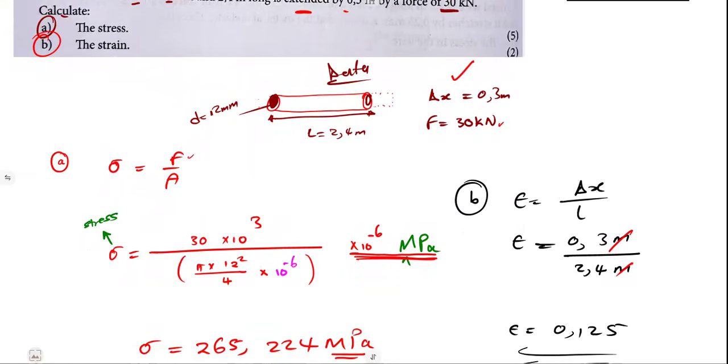And as we can see, the strain is unitless. As we cancel the unit, if meters cancel, we do not have units for this one. Same if it is millimeters over millimeters, those two cancel. So at the end, you do not have units for strain.